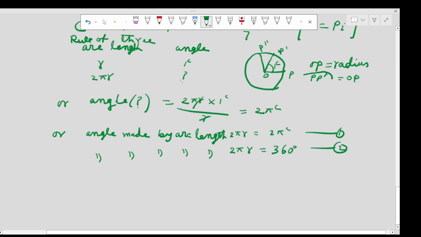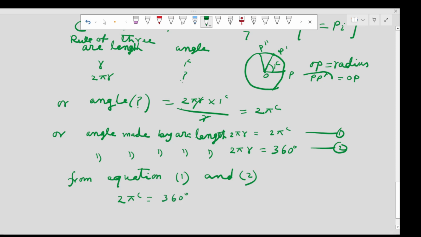From equations 1 and 2, we get the relation: 2 pi radian is equal to 360 degrees. Pi radian is equal to 180 degrees.